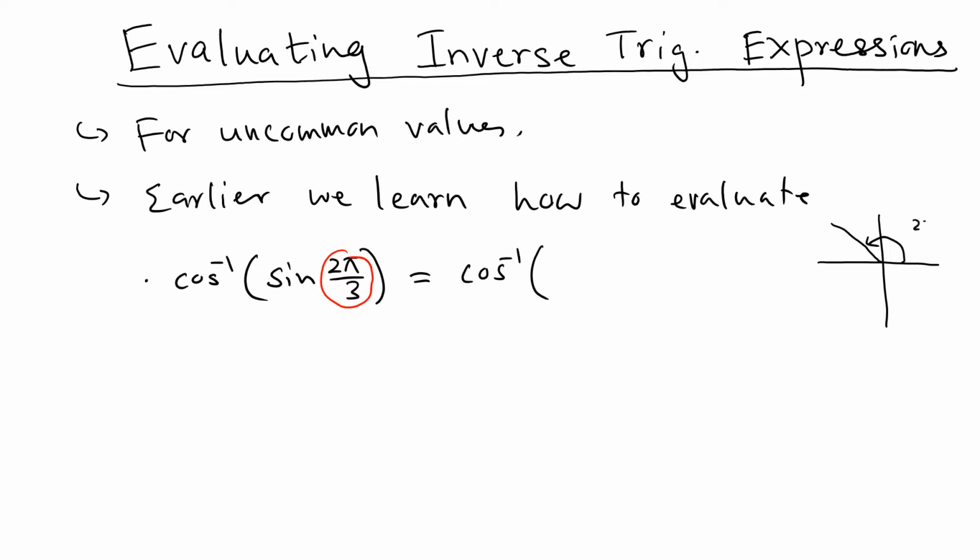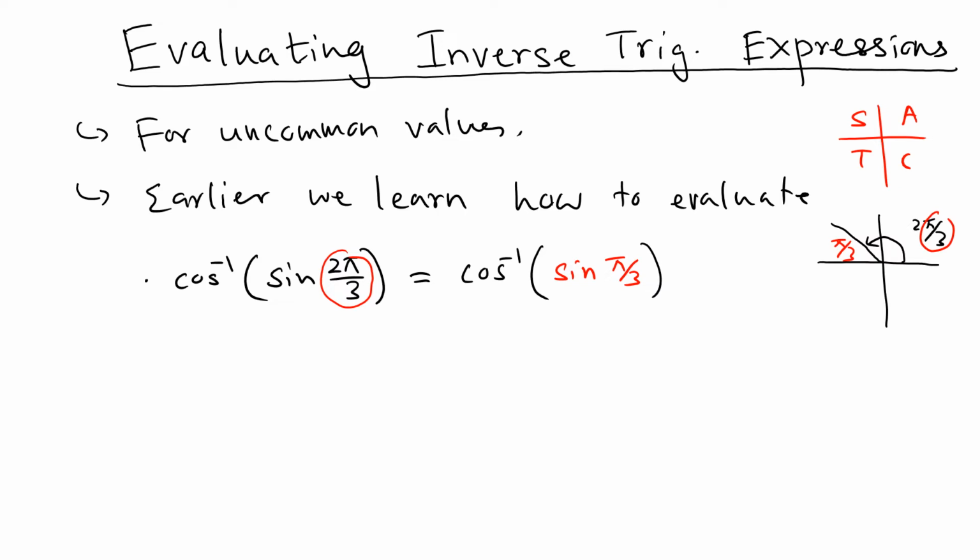So we can look for the reference angle, which is pi over 3. Using the ASTC that we talked about earlier, the second quadrant is sine, so this is simply going to be sine of the reference angle, pi over 3. Now we can evaluate sine pi over 3.